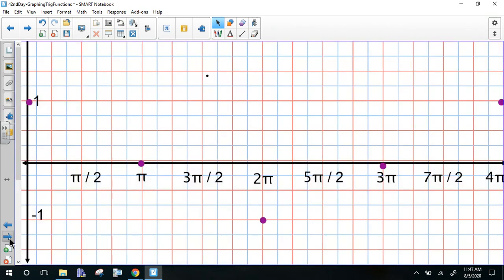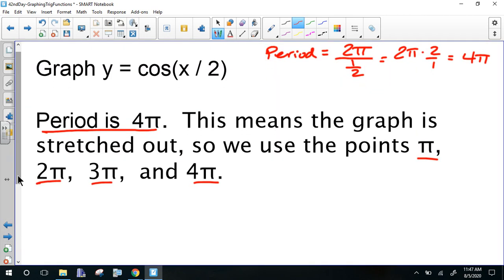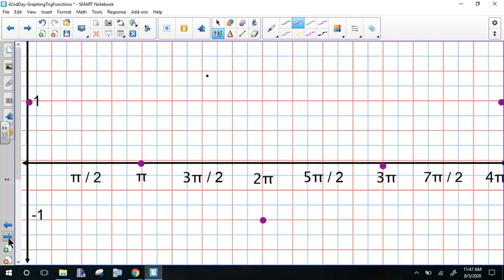So here's what it would look like. I've got to make sure I have pi, 2 pi, 3 pi, and 4 pi. If you want to put others in there, that's fine. So remember, I'm graphing cosine of 1/2 x, cosine starts at 1 on the y-axis.